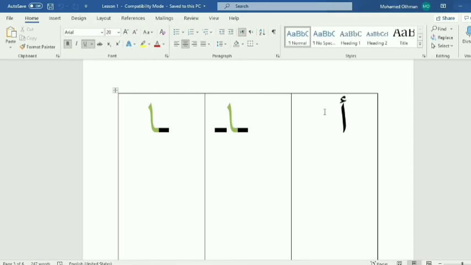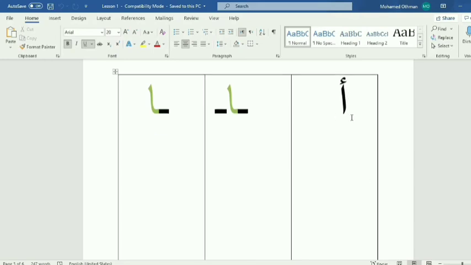The first column on the right represents the letter at the beginning of the word, the Alif in the middle represents Alif in the middle of a word, and the last on the left is the Alif at the end of the word. You will write down the letter Alif in the three forms.